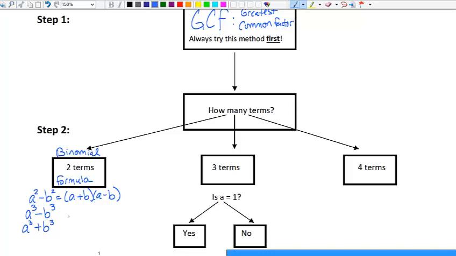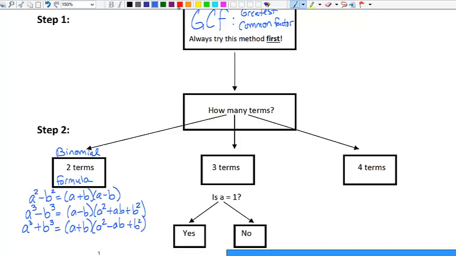Now we learned the sum of cubes and difference of cubes together because they were very, very similar. That one was a minus b and a squared plus ab plus b squared. And for the sum we have a plus b, a squared minus ab plus b squared.